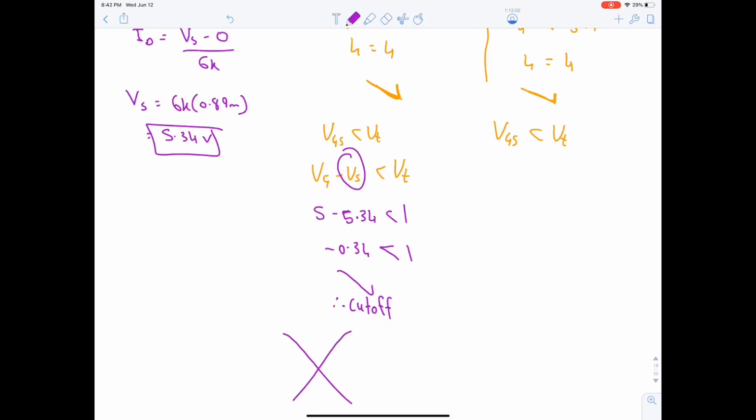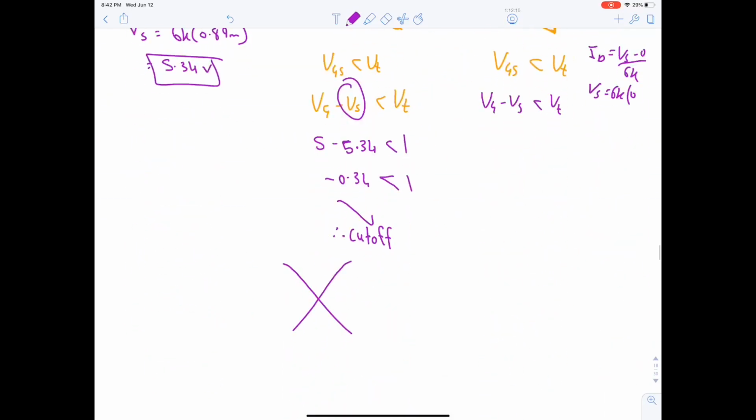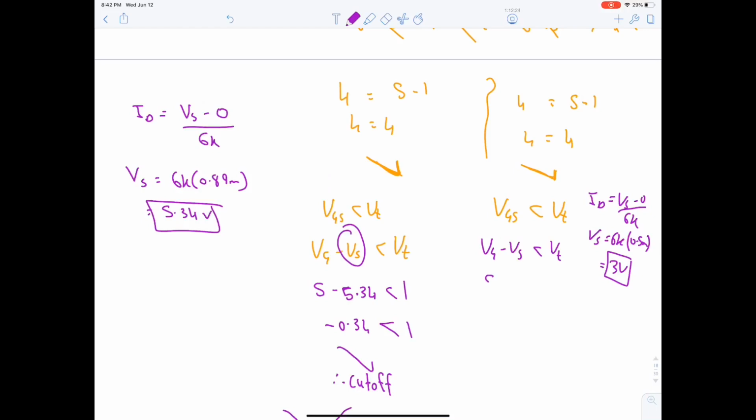Doing the same thing here. VG minus VS less than VT. ID is equal to VS minus 0 over 6k. VS is 6k multiplied by 0.5 milli, 3 volt. Okay, VG is 5, minus 3 less than 1, is 2 less than 1?